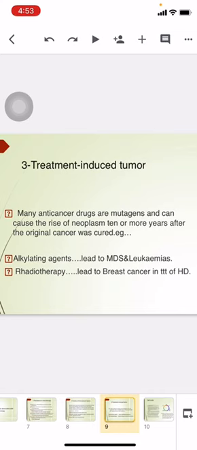Like when using alkylating agents, in the long run it will lead to myelodysplastic syndromes and leukemia, and patients receiving chest irradiation will develop breast cancers, and patients diagnosed with lymphoma who have radiotherapy on the neck will later in life develop thyroid cancers.